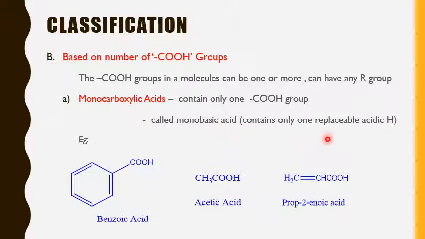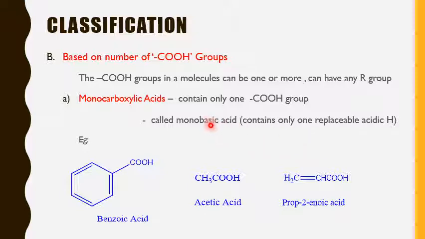Then where do we find the OH groups? We find the OH groups in bases. That means since this acid can replace one base, therefore it is called monobasic. Or I can say it has one replaceable acidic proton. We all know that H plus from the acid, which is a proton, combines with the OH minus from base to give a neutral water molecule.